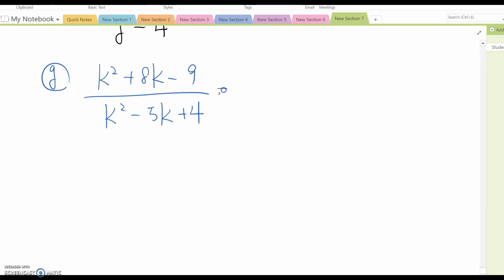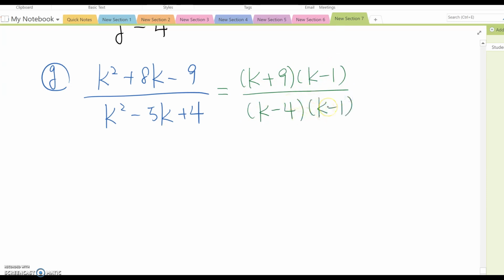If you do it, then you have k plus 9 and k minus 1. This will be k minus 4 and k minus 1. So now this cancels out. So the answer becomes k plus 9 over k minus 4. Okay?